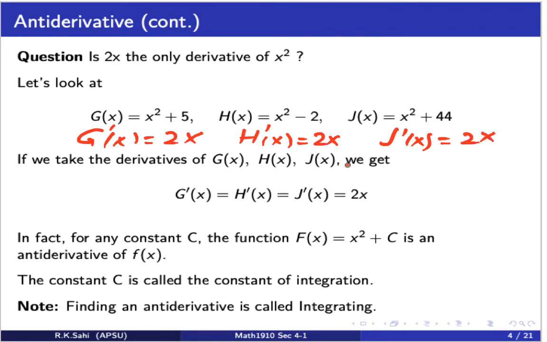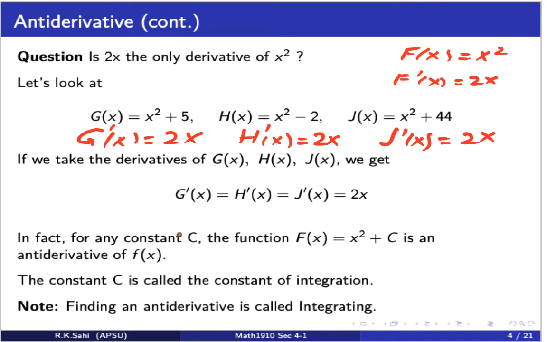So what we're looking at is a function as simple as f of x, which was x squared, and we already know that f prime of x was 2x. So we have functions capital F, capital G of x, capital H of x, and capital J of x. All these functions have the derivative 2x.